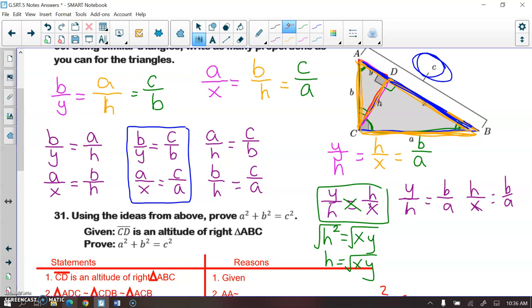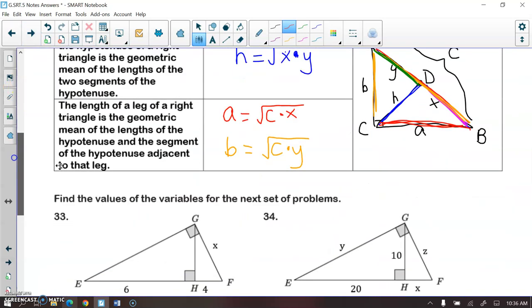For the first one, if I cross multiplied, I would wind up with B squared is equal to C times Y. And then getting B by itself, I would take the square root of both sides, and I wind up with B is equal to the square root of C times Y, which is exactly one of the equations that we came up with on this paper.